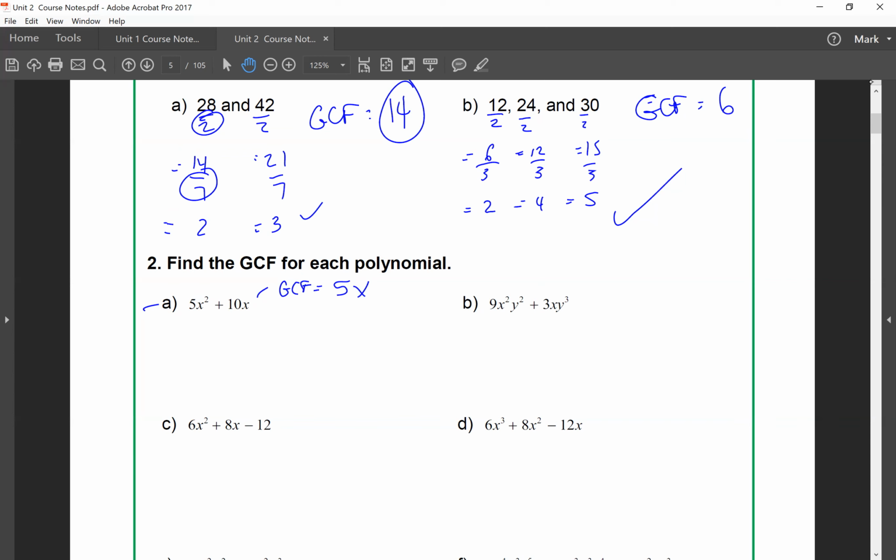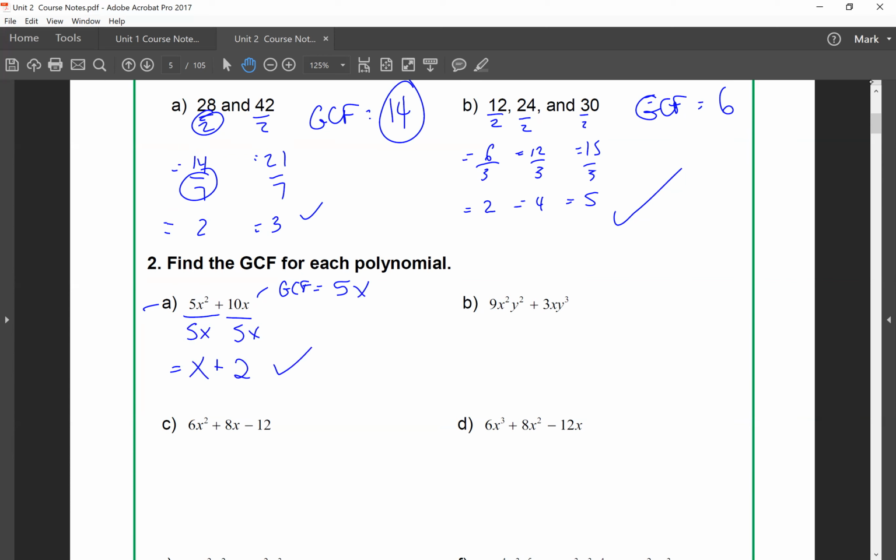Well, what I'm trying to do is think of a number that I can divide both of these numbers by and still get a whole or normal number. 5x squared divided by 5x is just 1x. 10x divided by 5x is just 2.